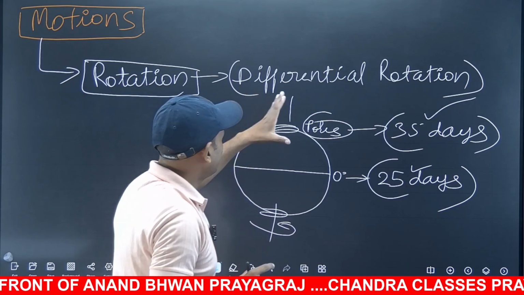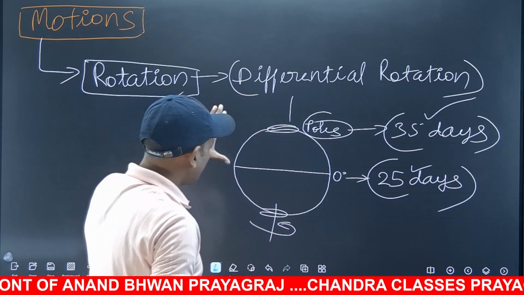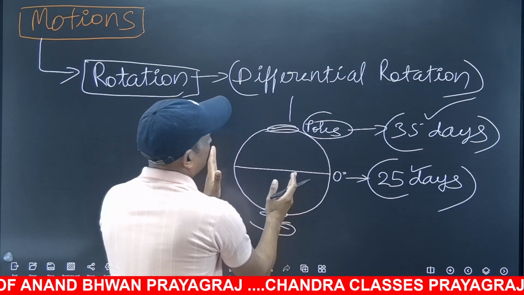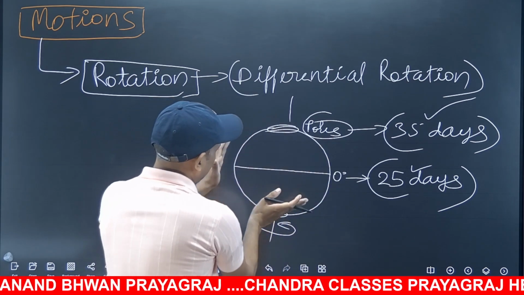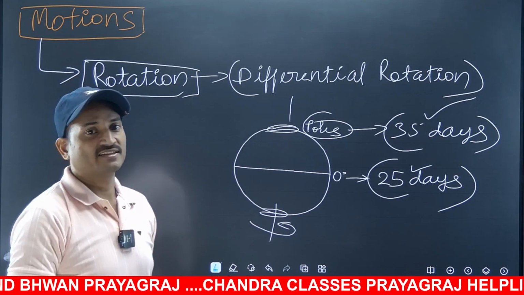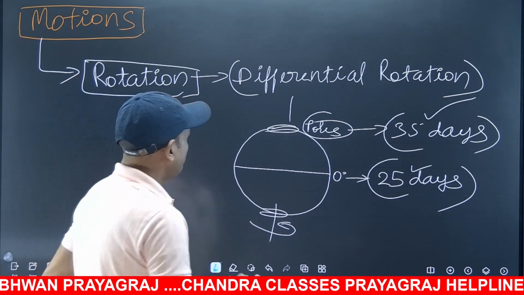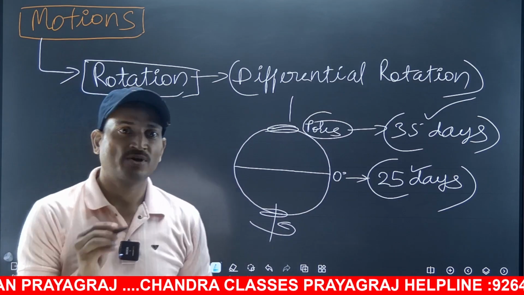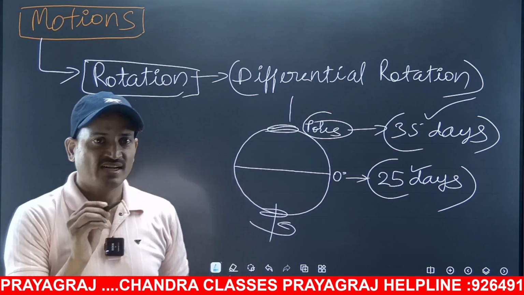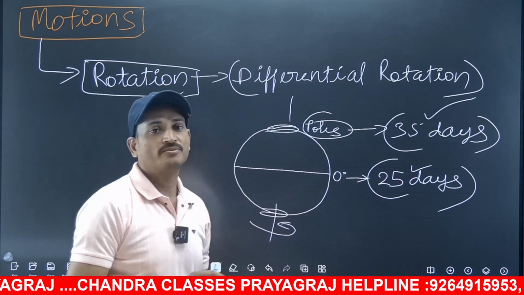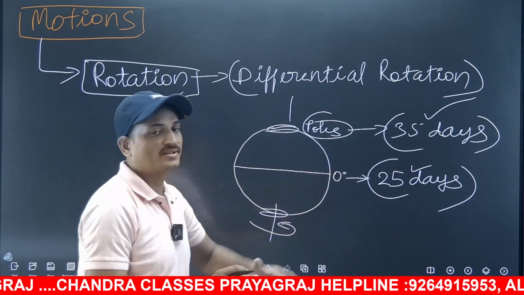They can give a statement like, the sun rotates in an equal amount of days at each of its latitudes. They can give various types of statements. That would be the wrong statement, because the sun exhibits differential rotation, meaning a different time is taken at each and every latitude of the sun.